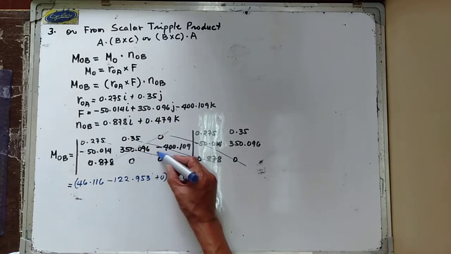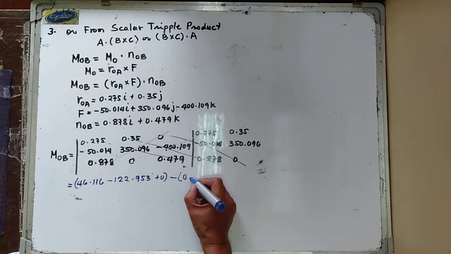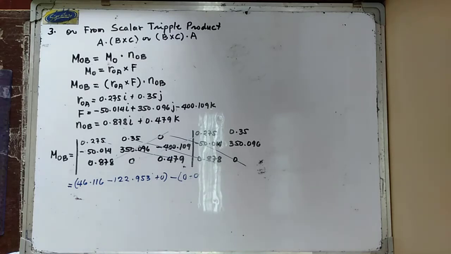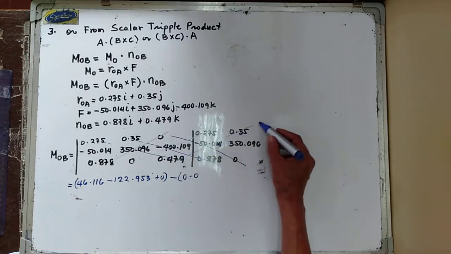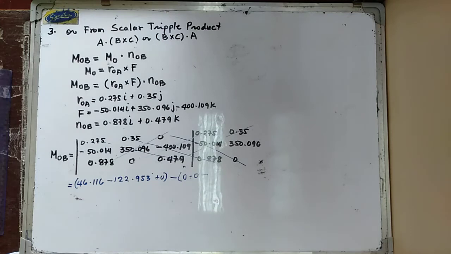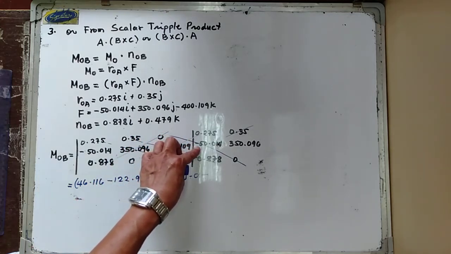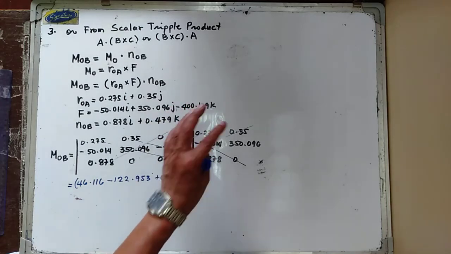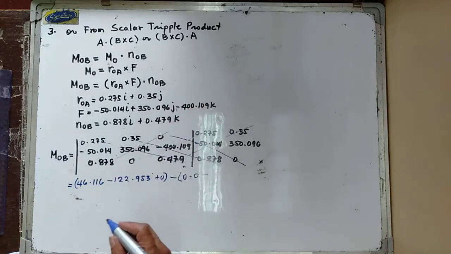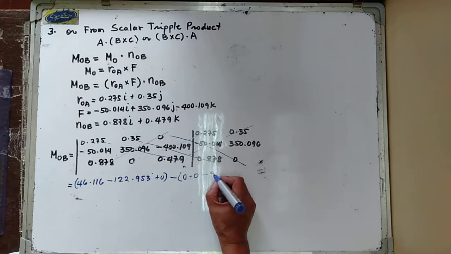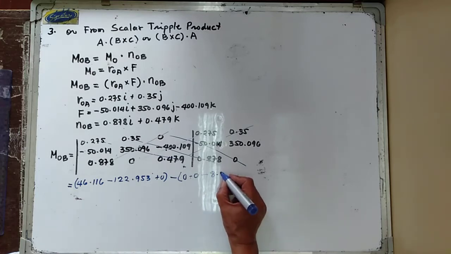And then next, this one is equal to 0. And this one is negative 0.479 by negative 50.014 by 0.35, which is negative 8.385.